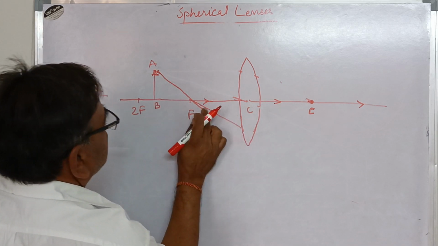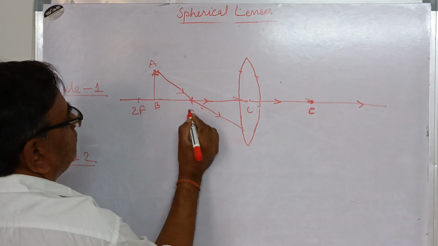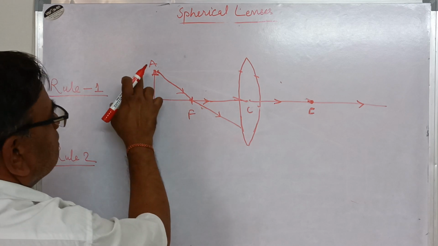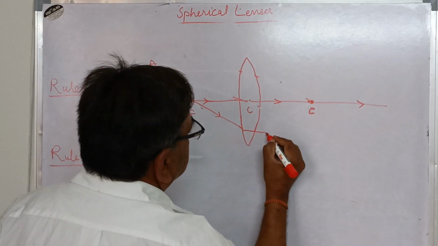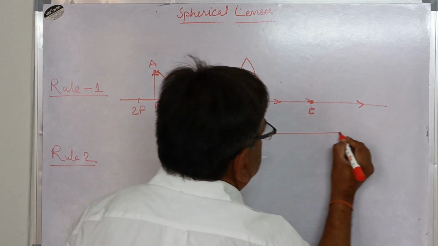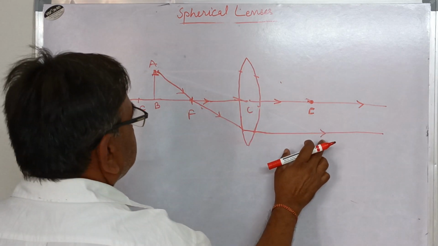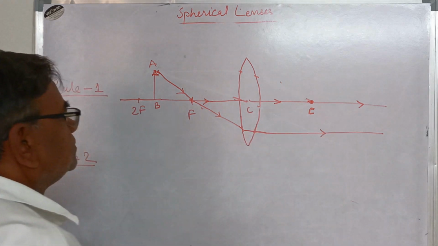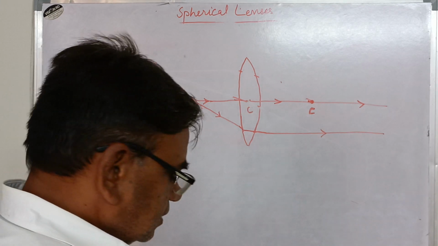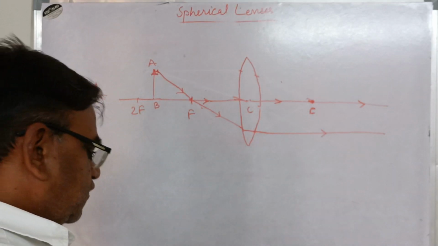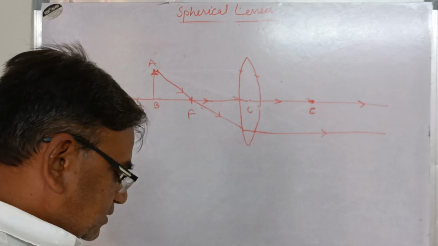It is passing through the focus F straight. If an incident ray passes through the focus, then after refraction, it will be parallel to the principal axis. This is the reverse of rule first. The refracted ray will be parallel to the principal axis. These are the 3 rules for making an image from a lens.